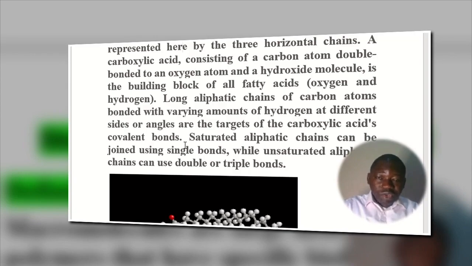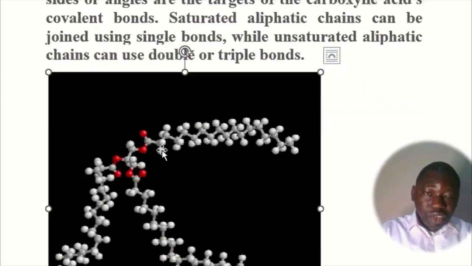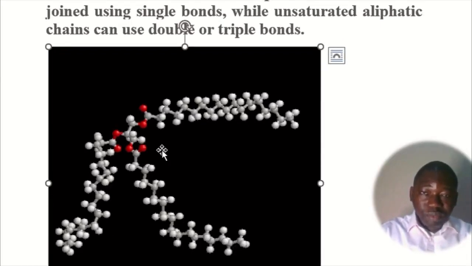Long aliphatic chains of carbon atoms bonded with varying amounts of hydrogen at different sides or angles are the targets of the carboxylic acid covalent bonds. Saturated aliphatic chains can be joined using single bonds, while unsaturated aliphatic chains can use double or triple bonds.